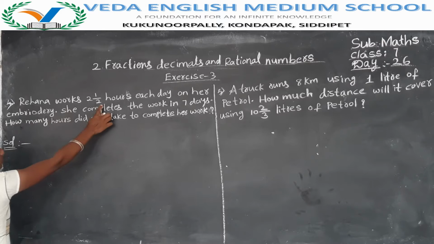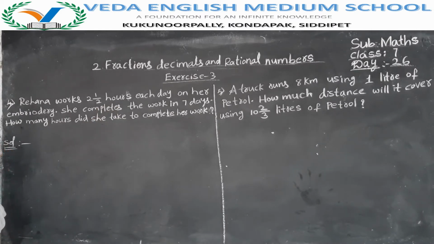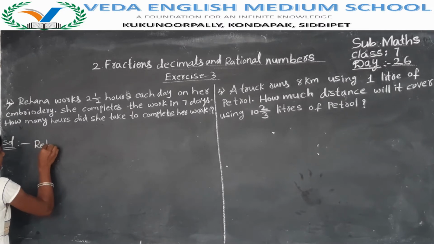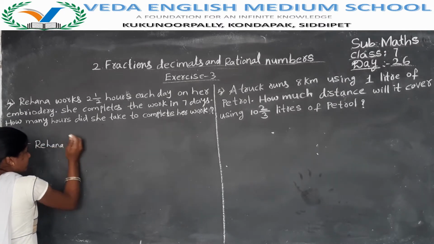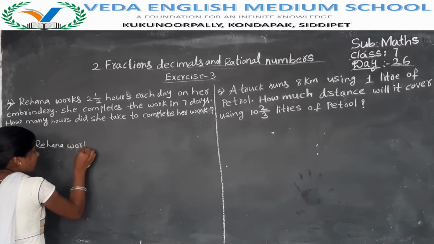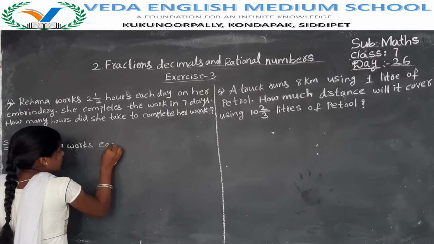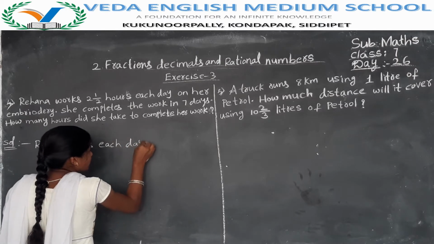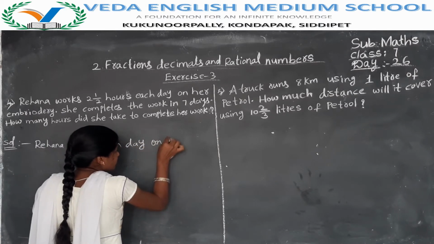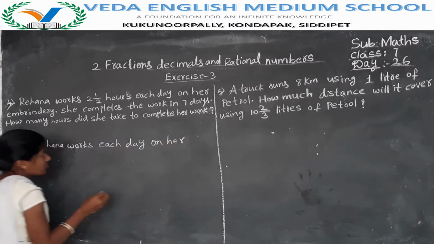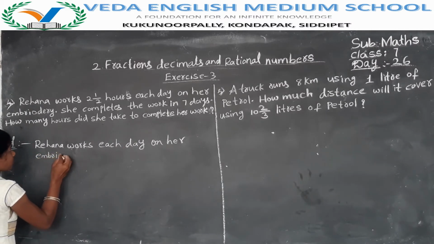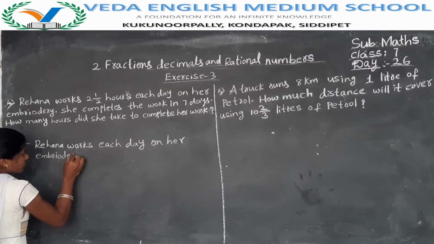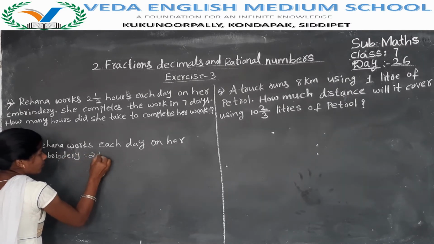Now Rehana works 2.5 hours each day on her embroidery, which is equal to 2 1 by 2 hours.